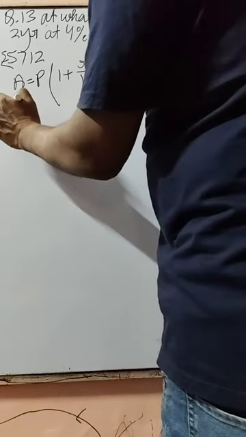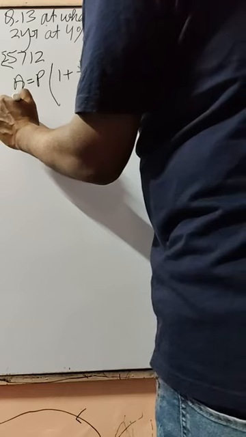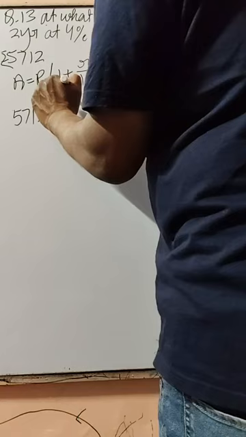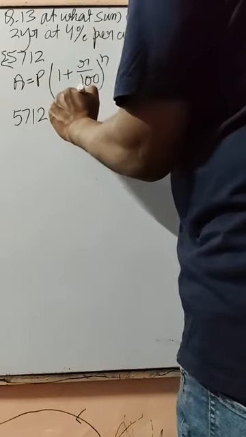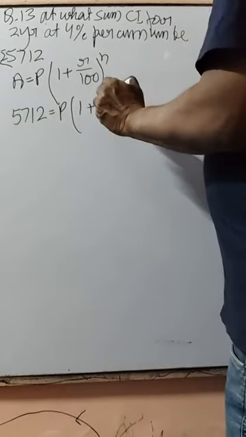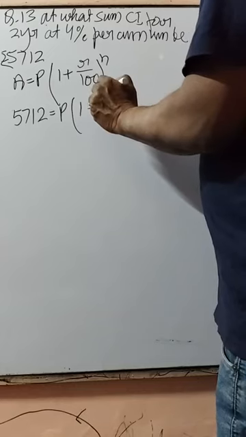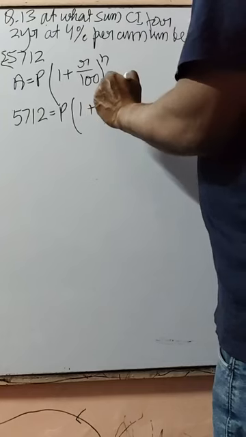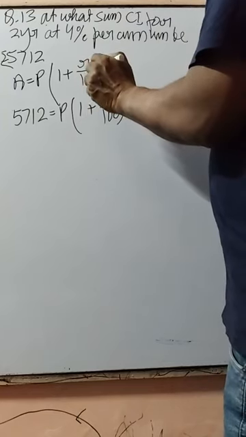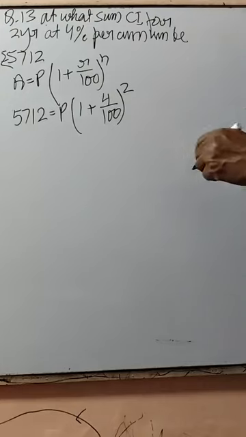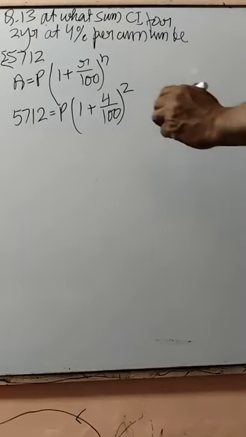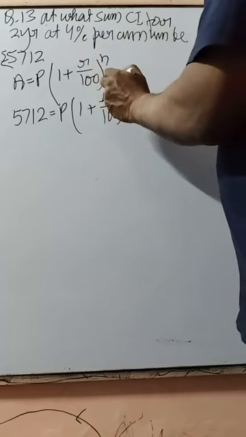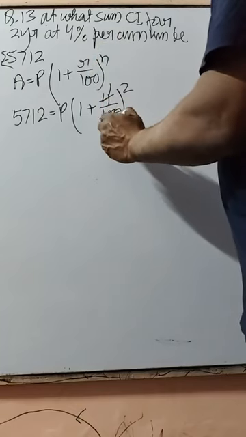So we get 5,712 is equal to P bracket 1 plus 4 upon 100 raised to the power 2. 25 times 4 becomes 100, so we get 25 here.